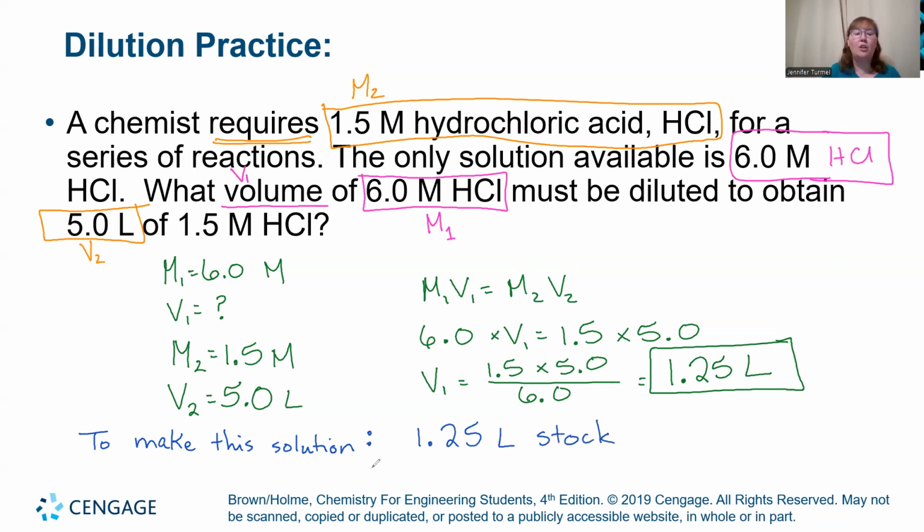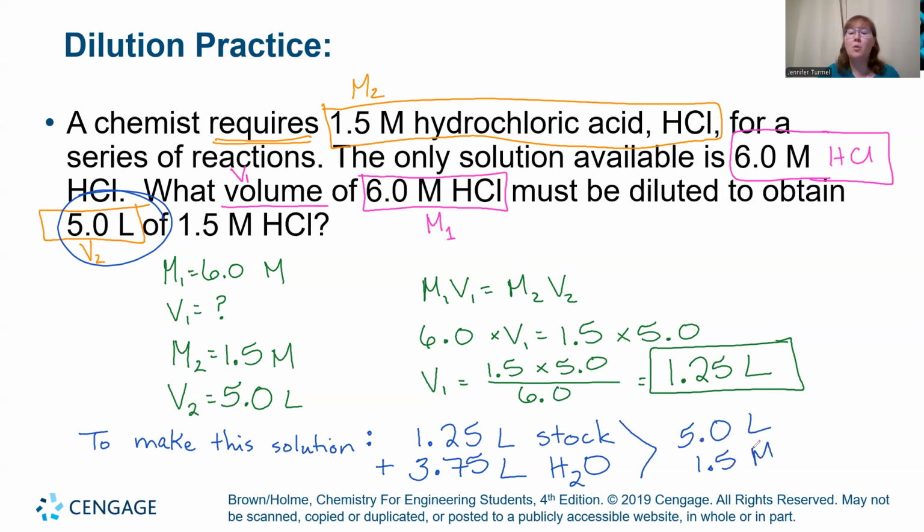We need a total of 5 liters, which means that we will add 3.75 liters of water. And this will make 5 liters of 1.5 molar HCl.